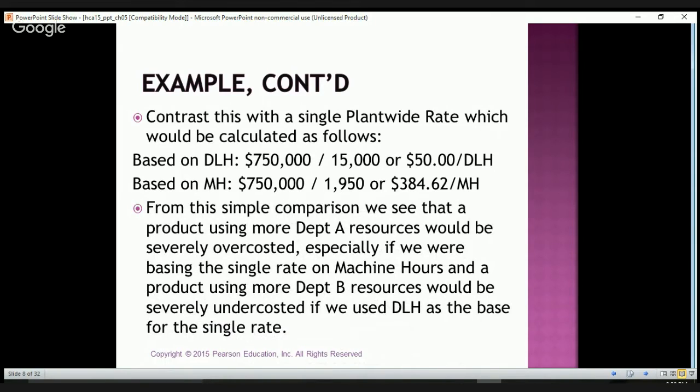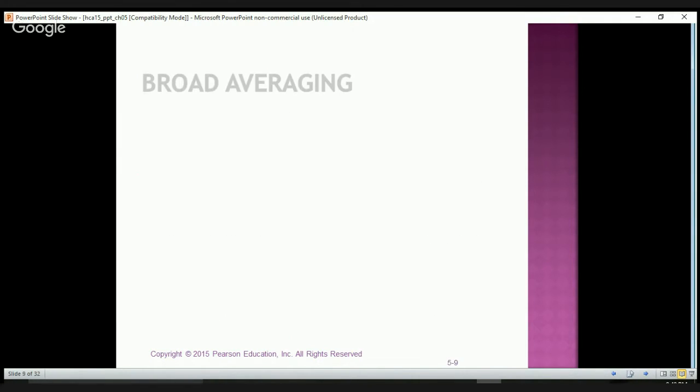Whereas with the machine hours, we would take the 750,000 and divide it by 1,950, which is the sum of the machine hours for both departments, and we would get a rate of $384.62. Comparing those departmental rates to the plant-wide rates, we see that the allocation of the cost is more accurate using the departmental rates. This concept of more detailed cost allocation is extended further with ABC costing, as we'll soon learn.